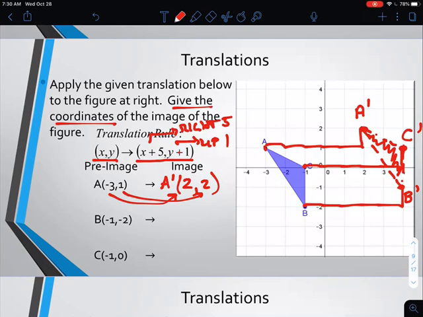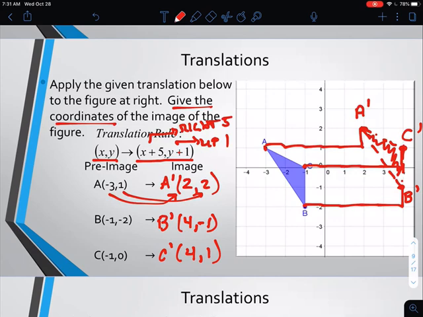A prime is at (2, 2). B prime, looking at the graph or using my rule, is located at (4, -1). And then C prime is located at (4, 1). So not only do you have to have the graph with the picture, you also need to have the actual points. Where are these new points located?